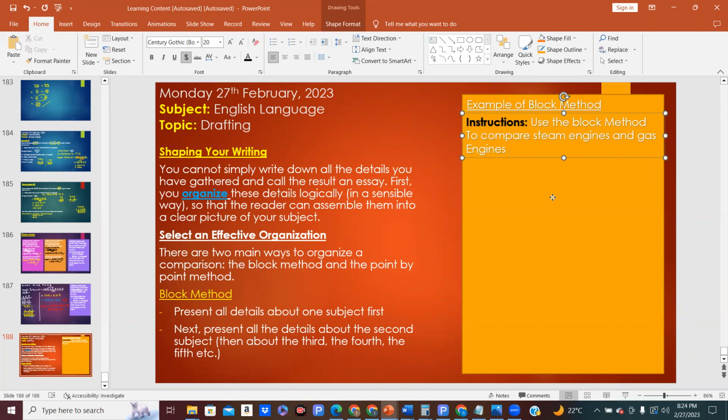So what you would do if you're trying to use the block method for steam engines and gas engines and you're trying to compare them, your steam engines versus gas engines.